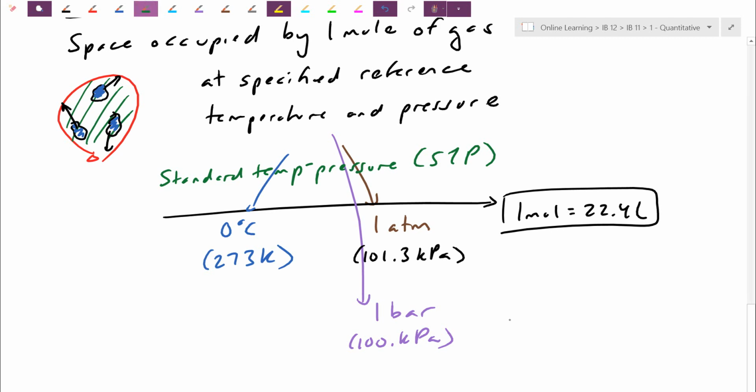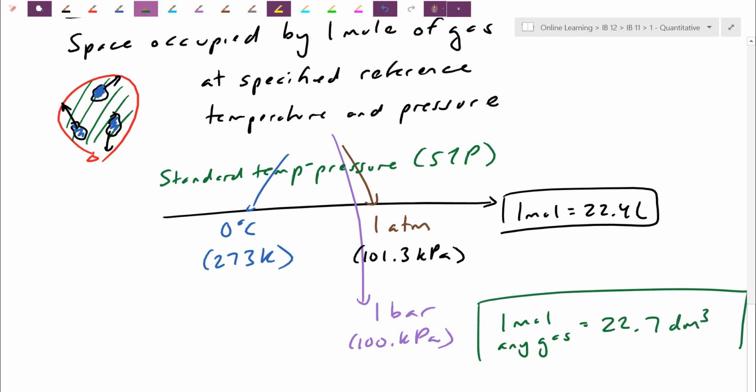Our conversion is actually going to be 1 mole, and I'm going to emphasize, of any gas. It takes up 22.7. It's just that IB doesn't like using liter, so we're going to instead use decimeter cubed. Remember, we derived way before that a decimeter cubed is equivalent to a liter. Again, the volume that I'm talking about is the volume that fills this balloon, assuming that we are at 0 degrees, at 273 Kelvin, and assuming that the pressure, I'm always going to draw pictures of outside pressure, is at our standard of 1 bar.